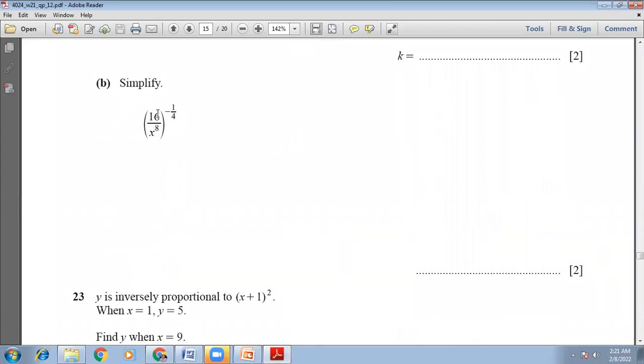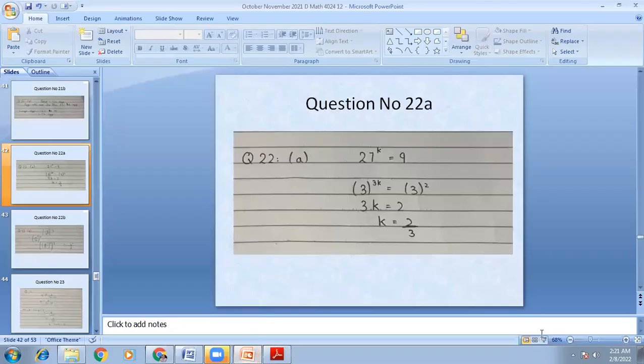He just simplified this. So inside the bracket, you have 16 divided by x raised to power 8. The whole thing is raised to power minus 1 by 4 because of the negative power. So just flip this fraction inside the bracket and the power will become positive. Let me show you.